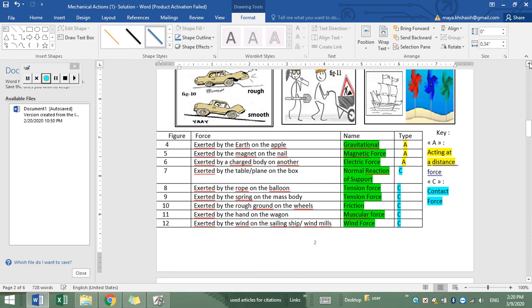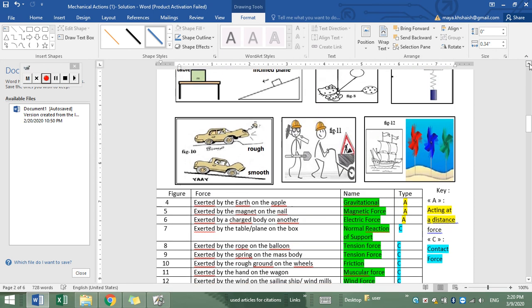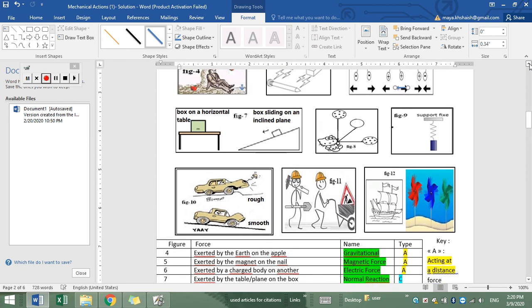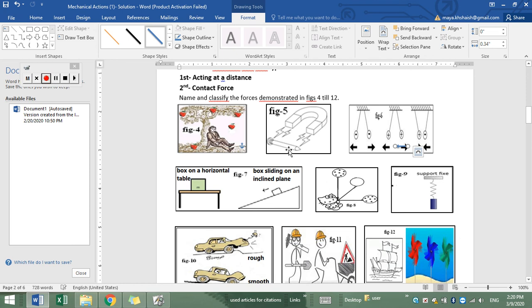Again, since the actor, which is the magnet, and the nail, which is the receiver, are at a certain distance away from each other. In other words, the magnet can pull the nail towards it while being at a distance away from it. So the magnet exerts a pulling force on the nail while being at a distance away from it. That's why we classify the magnetic force to be a force acting at a distance.